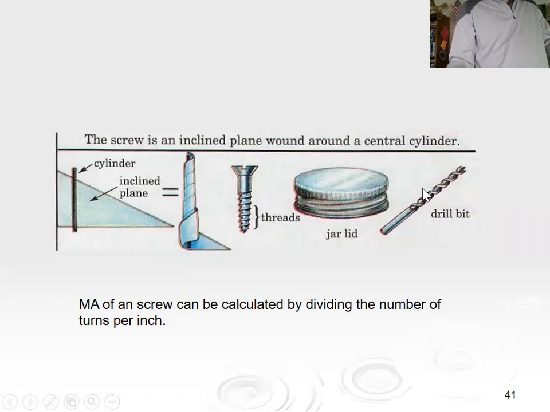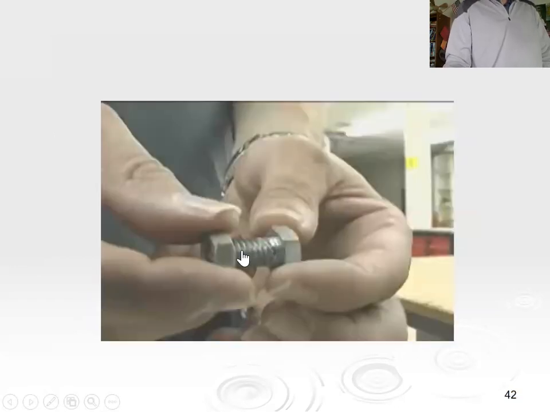In an inch, let's say, it has 1, 2, 3, 4. That's about an inch there. So this screw right here would have the greatest mechanical advantage, this drill bit being second, and this jar lid being third. So there's a bolt, there's a screw, and another example of a screw. Inclined plane, and you see the post there.